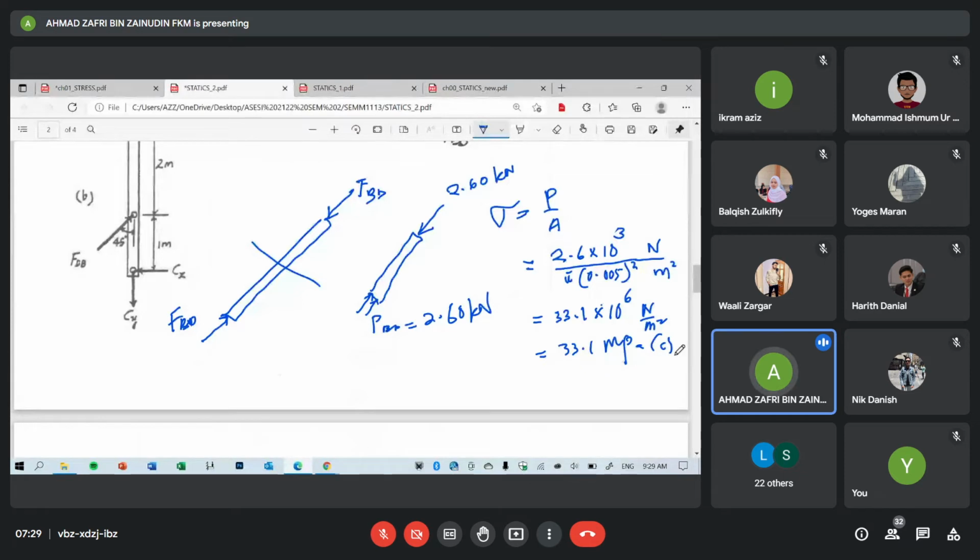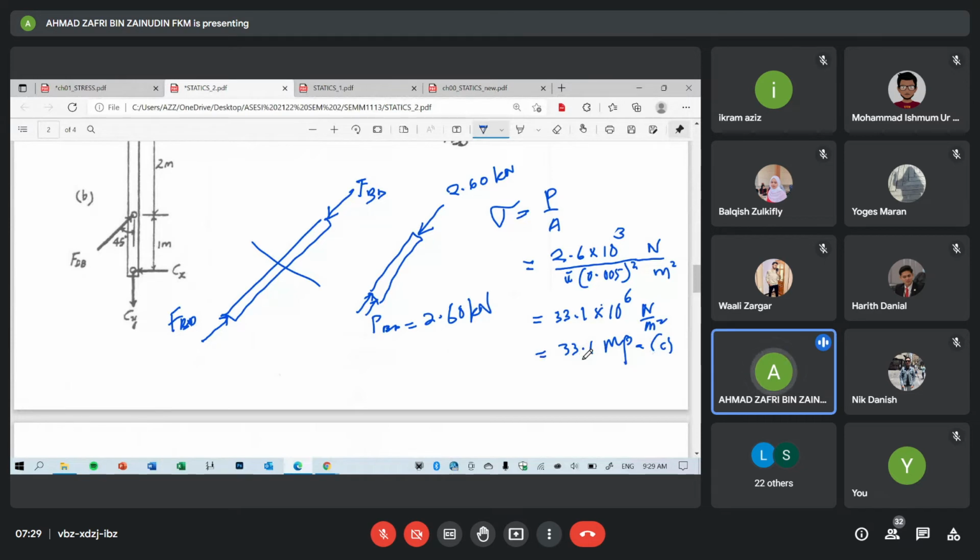If it's compression, then put C. If it's tension, I can leave your answer like this just now. Tension okay, but compression, be careful. So how to know whether BD can support the weight of the mass of the engine? Later. First we calculate the stress.